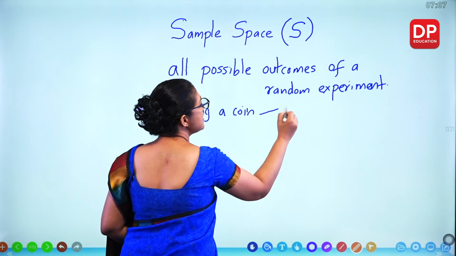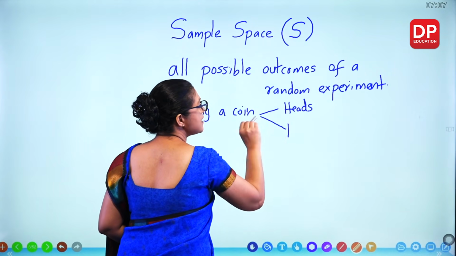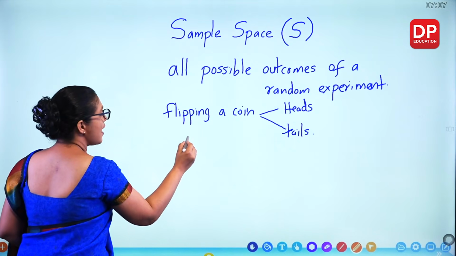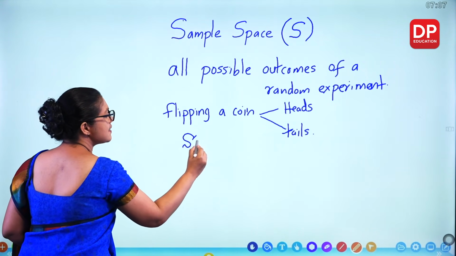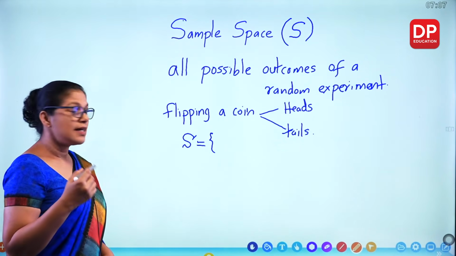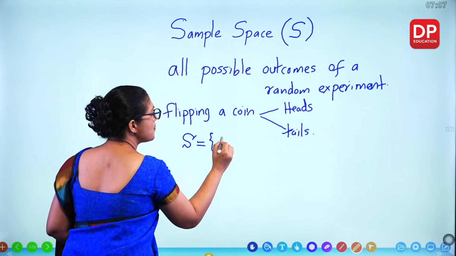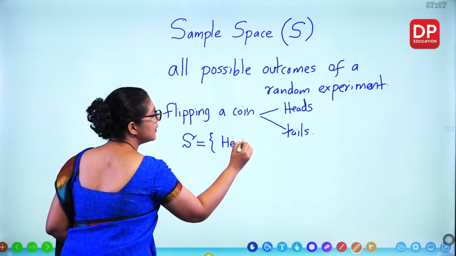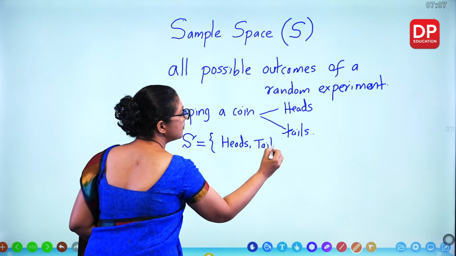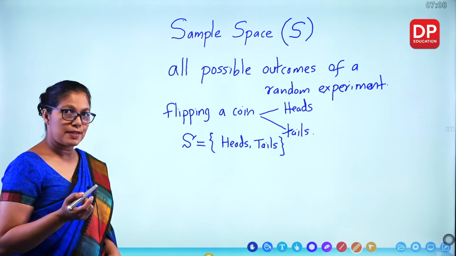So instead of writing like this, I can write capital S is equal to, inside curly brackets, I can write down the elements or outcomes. So what are the outcomes? Heads or tails. I can put H instead of heads, T for tails. So this is how we write down the sample space.